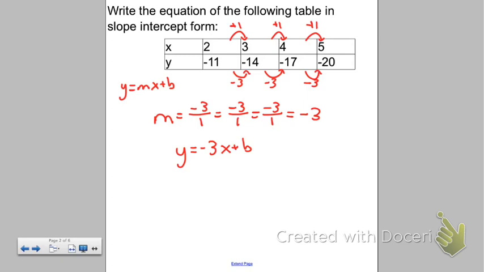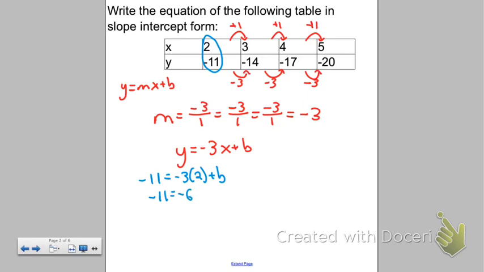The first way is the same process that we learned yesterday. I can just pick any point. I'm going to pick this first point. If I pick that first point, my y value is negative 11 equals negative 3 times 2 plus b. Now I'm just going to solve this for b.